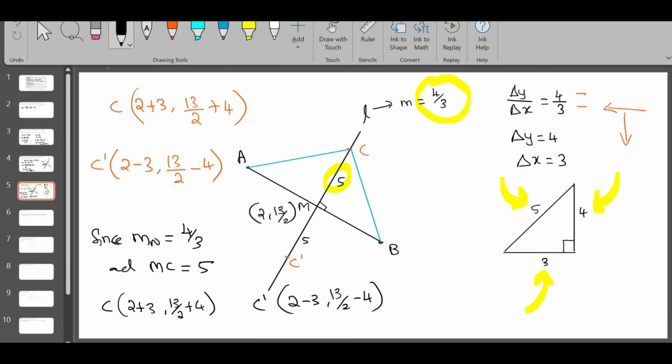So this is going to be 5 comma 8, so 21 over 2 or 10.5, that's 1 point. Here minus 1 comma 13 minus 8 is 5 over 2, which is 2.5. That's another point. This is one of the possible explanations for this question.